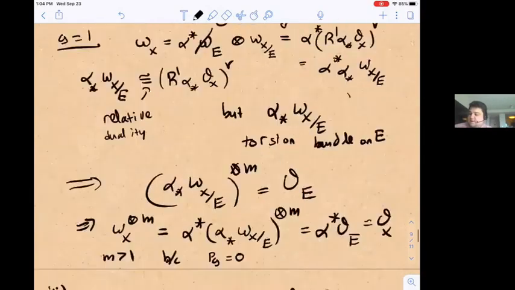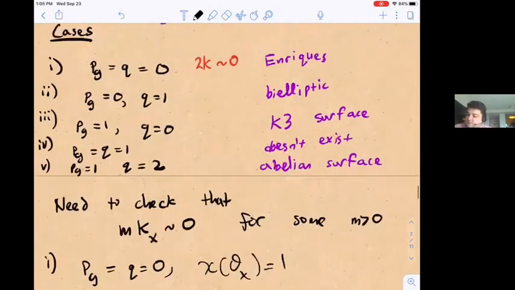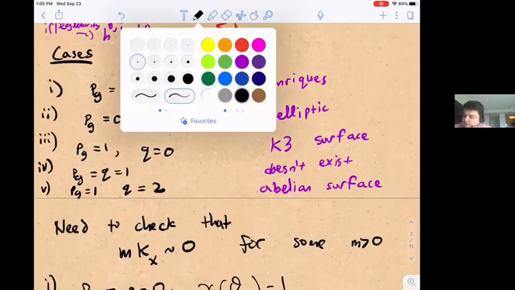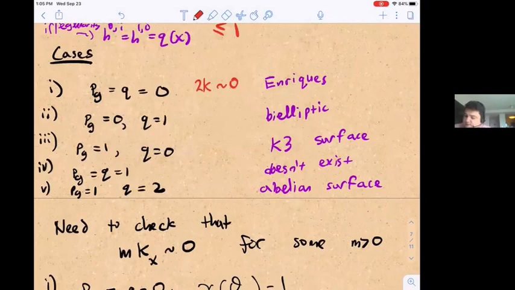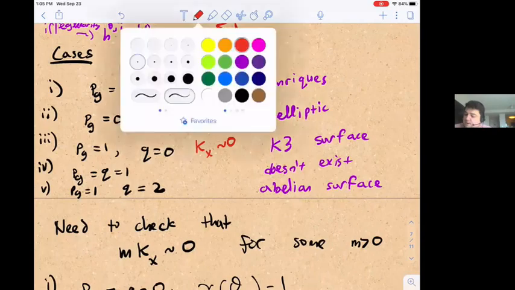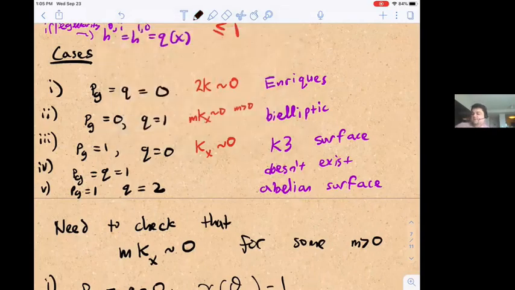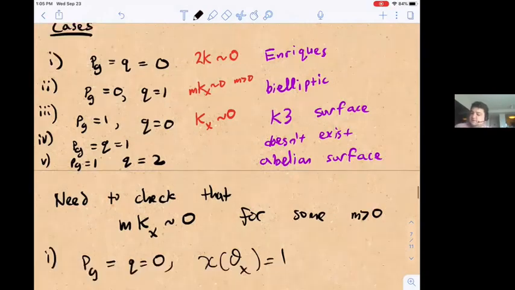Okay, so let me go back here and add this. So far, we just know that MKX is trivial for some M greater than 0. And here we know that in the K3 case, KX is actually trivial. So for the last two cases, we want to show that this PG equals q equals 1 case doesn't exist, and that this last case is an abelian surface.